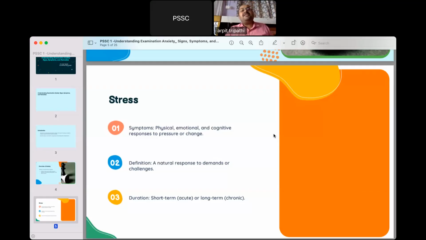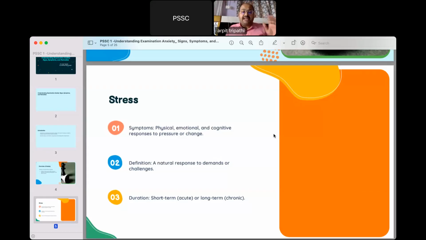This is something very important for all of us to understand: when it comes to stress, the symptoms are physical, emotional, and cognitive responses to pressure or change. Any kind of change, or any kind of pressure, that is felt on a physical level, emotional level, or cognitive level.